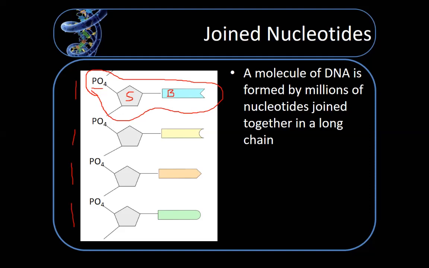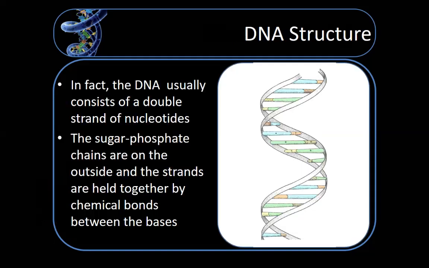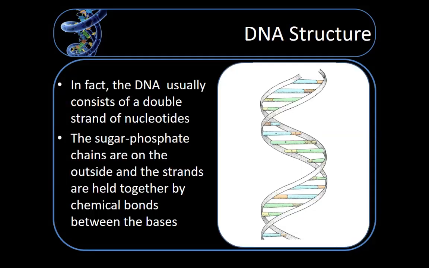Again, we have phosphate sugar, phosphate sugar, phosphate sugar, phosphate sugar, which we identified earlier as the sugar phosphate backbone. These pieces that are pointing towards the inside are the bases. Okay, so as we move on, this is an important structure that we're going to talk about. Now, let's move on and start looking at the actual structure of DNA.